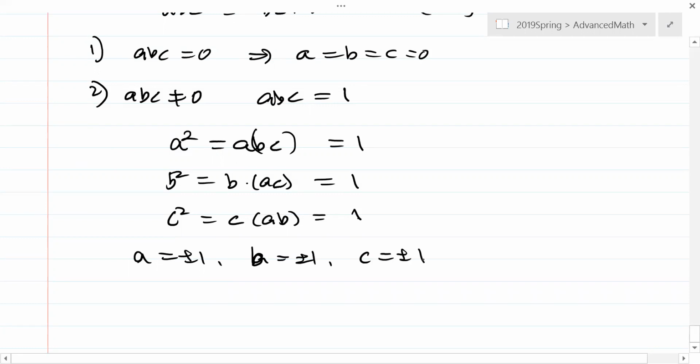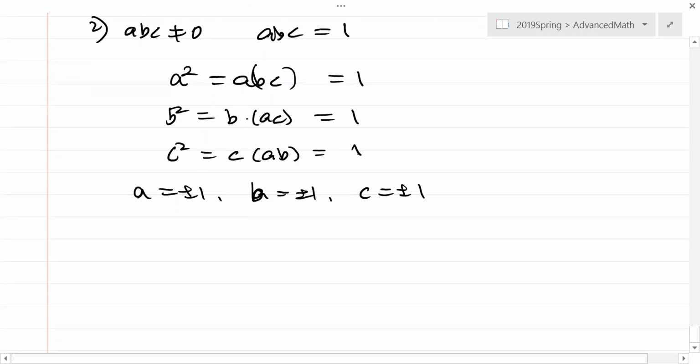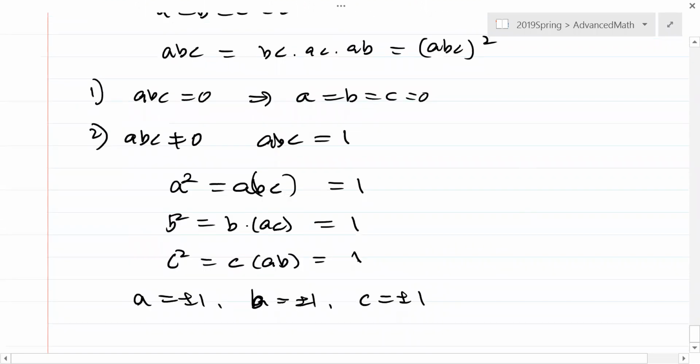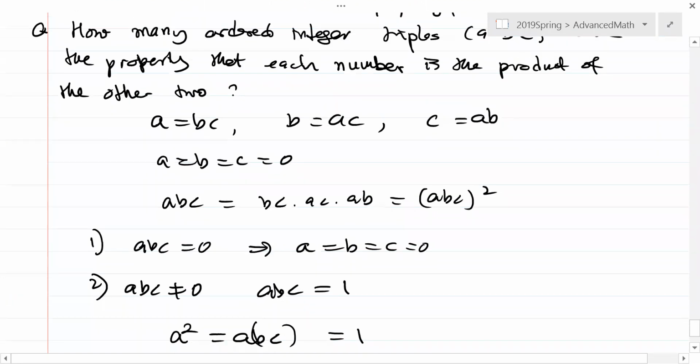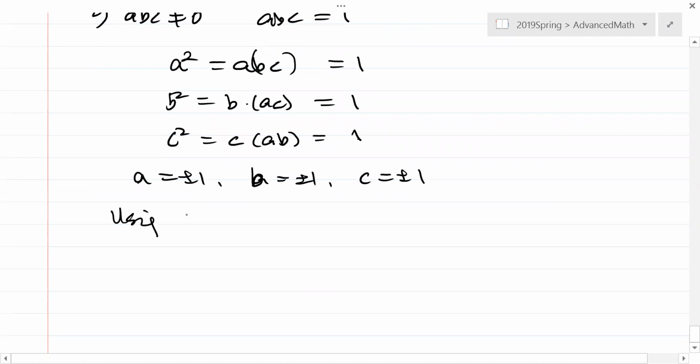Okay, but then you might conclude that maybe there are 8 solutions plus 1 is 9, but not all of them satisfy the equation. So you have to carefully choose those solutions. We're almost there. You go back to the equation using this star, and then you can see that there are not many solutions.